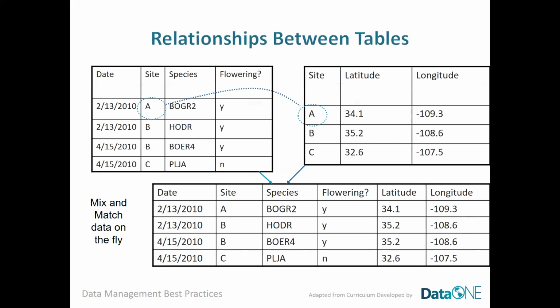Because both tables contain a similar piece of information, in this case the site, which is the primary key, they can be joined, like in this bottom example, into one table that contains all the information that you want.